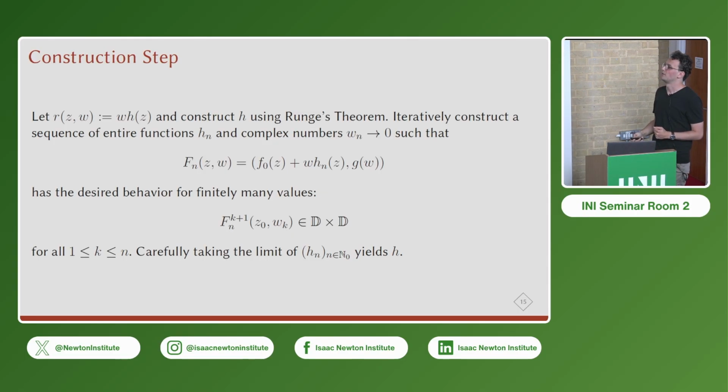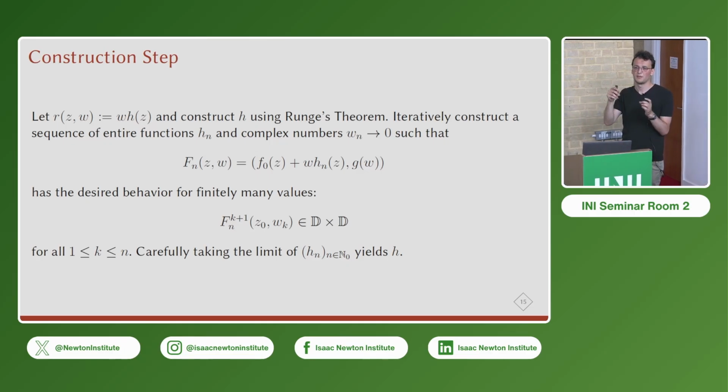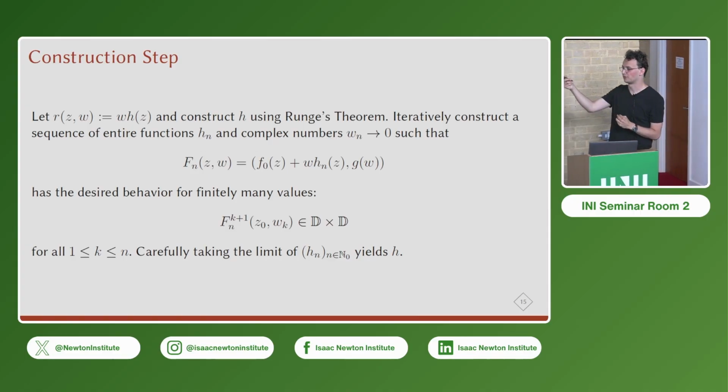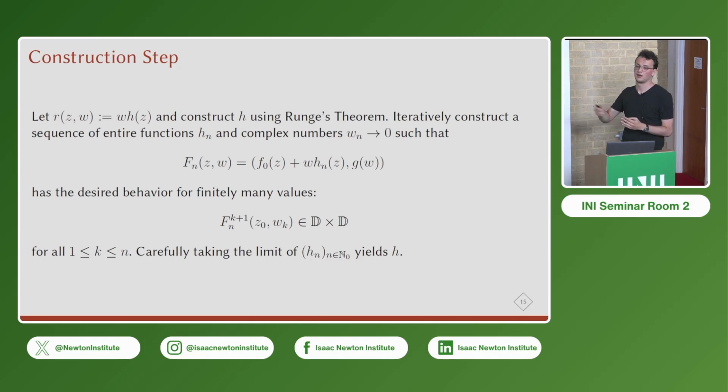And we want this one to map the point Z0, Wk back to the bidisk, but not all of these points, just the first n many. And if we're able to achieve this, and if we do it carefully enough, we can actually get a limit function, and the limit function not only does it for the first finitely many Wk, but does it for all of them at the same time.